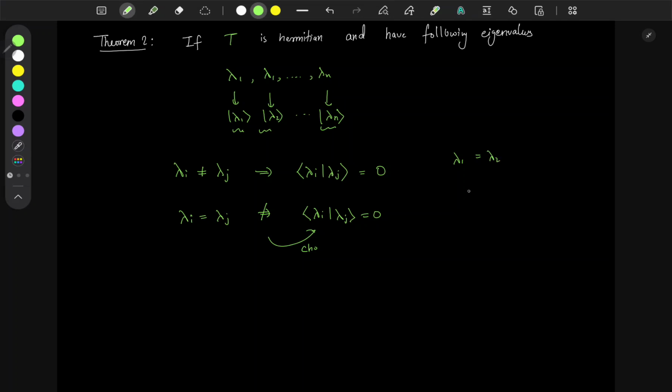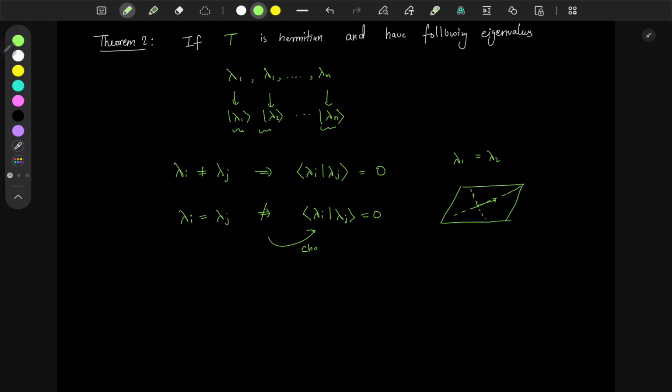The corresponding eigenspace is basically a subspace of the vector space, and you will need two vectors to represent this entire eigenspace, because with a single vector you can only get one dimension of this two-dimensional space.